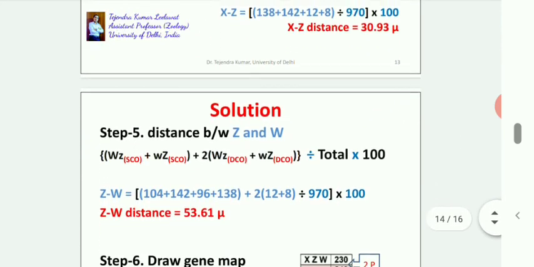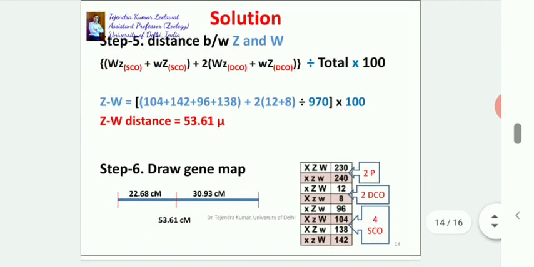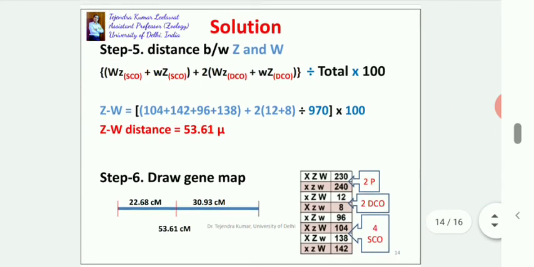Okay, now coming to the last distance, that is between Z and W. This is again the same process, but here is something different. Why? You can see the formula here. Here I changed SCO and DCO differently. Why did I change?